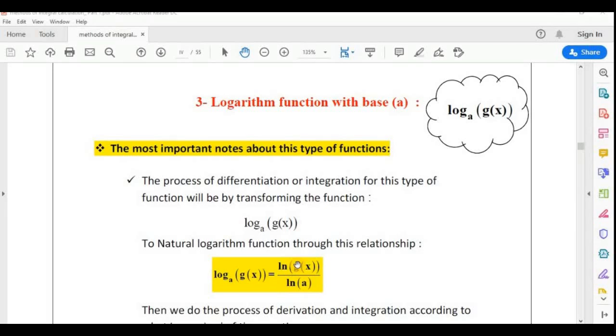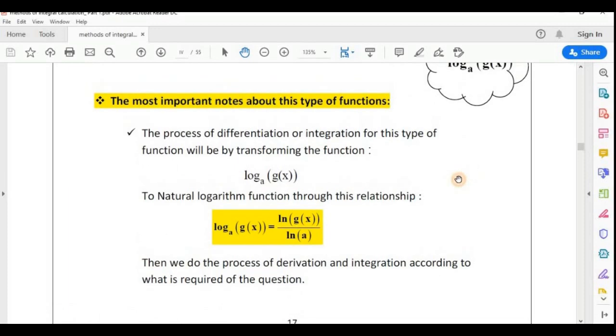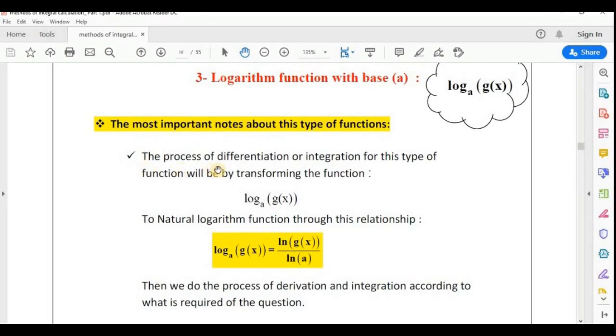For today's lecture, we have this subject: the special function, the logarithm function with base a, log base a of g(x). The most important note about this type of function is that the process of differentiation or integration will be done by transforming the log to the natural logarithm through this formula.